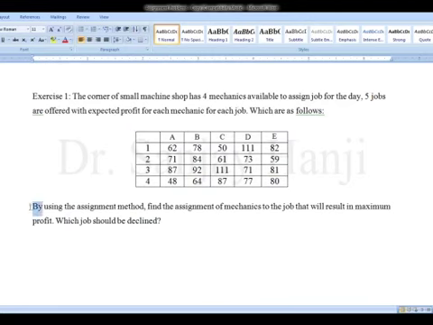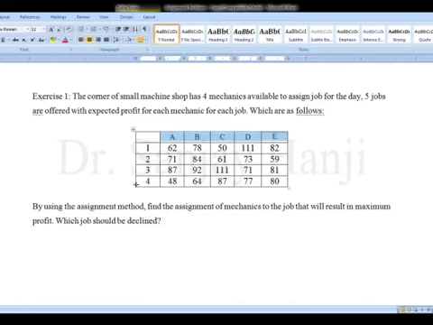This is the table. By using the assignment method, find the assignment of mechanics to jobs that will result in maximum profit. Which job should be declined? Which job should be declined is nothing but, here it is not a square matrix. Here there are 4 rows and 5 columns.